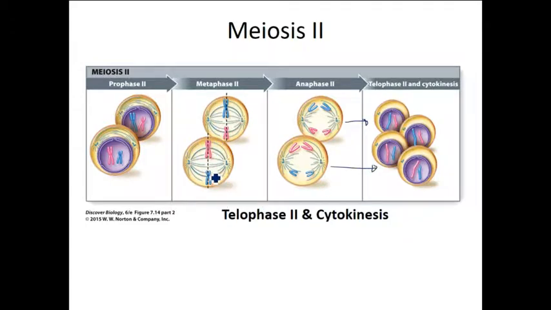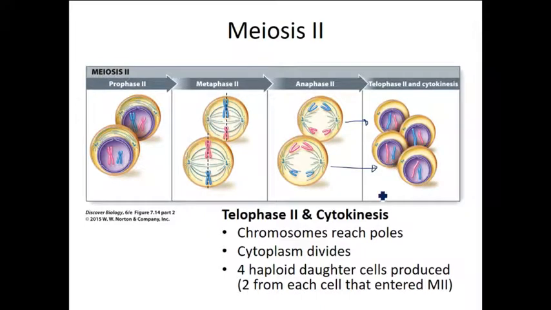They are already haploid, but what we have done here is just separate the sister chromatids from each other, right? So no more replicated chromosomes. At the end, we have these 4 haploid daughter cells. They are different from each other because of crossing over and because of how the maternal and paternal chromosomes align, and they are definitely different from the beginning cell, the parent cell.